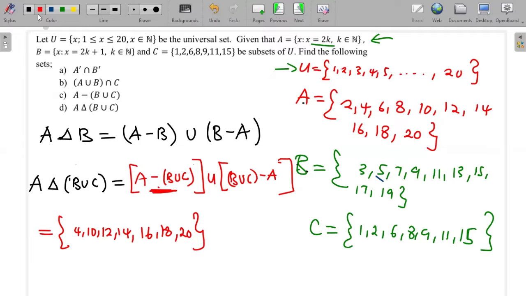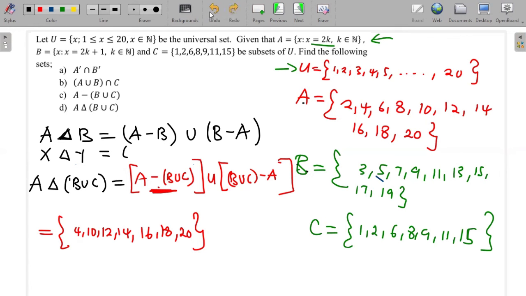If I have A symmetric difference with B, this is the same as A minus B in brackets, and then union B minus A. If I have other letters, for example X symmetric difference with Y, this is just X minus Y, and then union Y minus X. That is by definition.